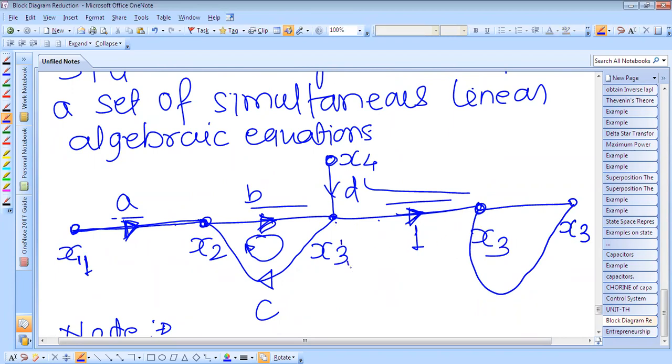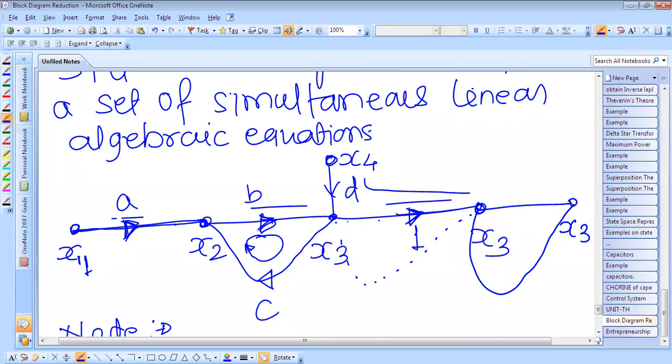If the loop were here, that loop would be touching. But since one loop is here and another loop is there, they do not touch, so we call them non-touching loops if they do not possess any common nodes.